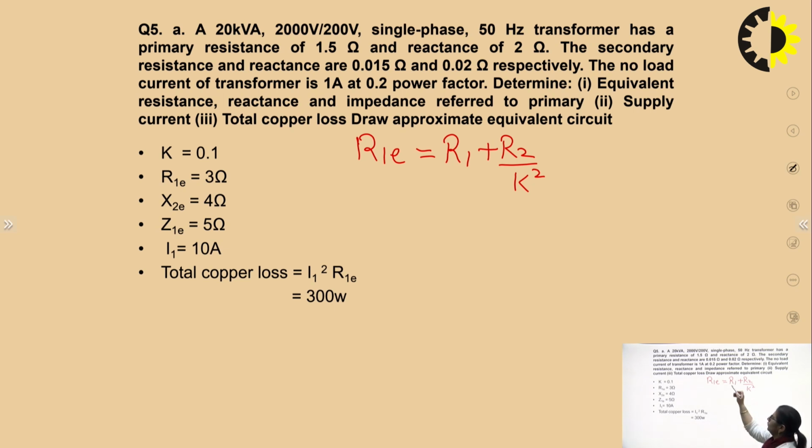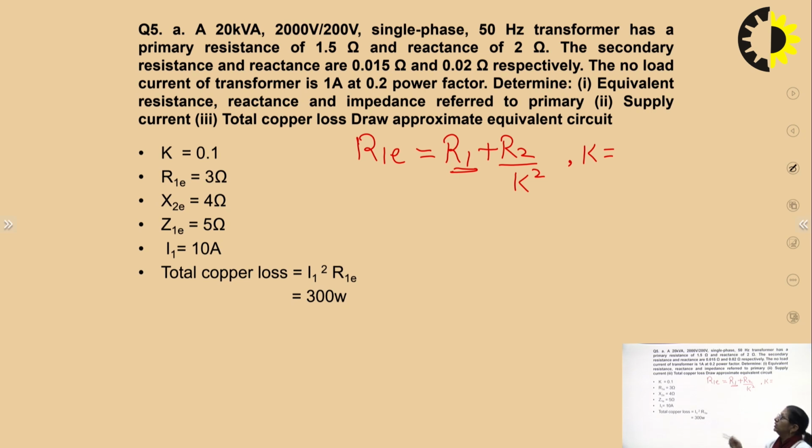We know the value of R1, the primary resistance, is 1.5, and the secondary resistance is 0.015. So we know R1 and R2, and we need the value of K. Now, K is given by V2 by V1.